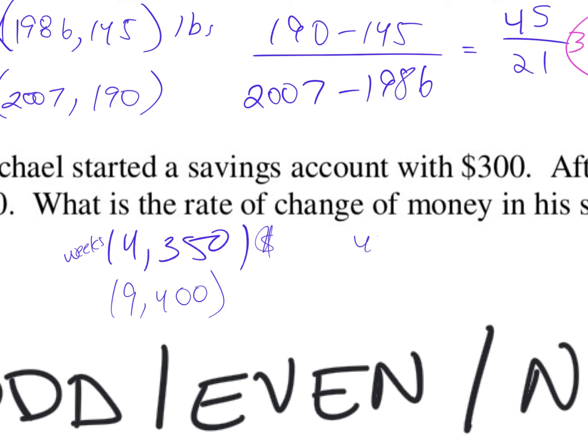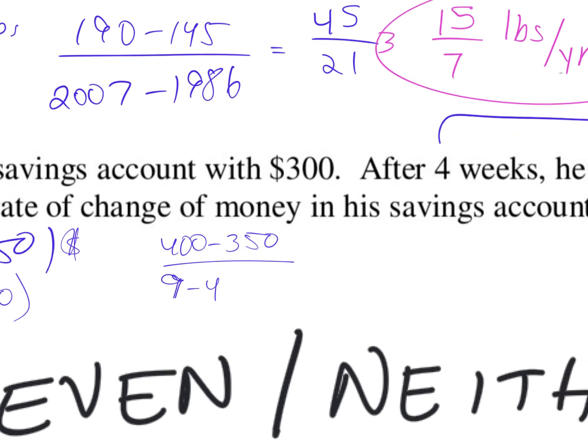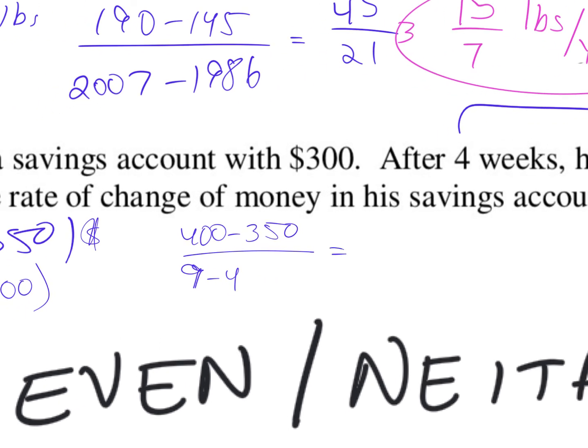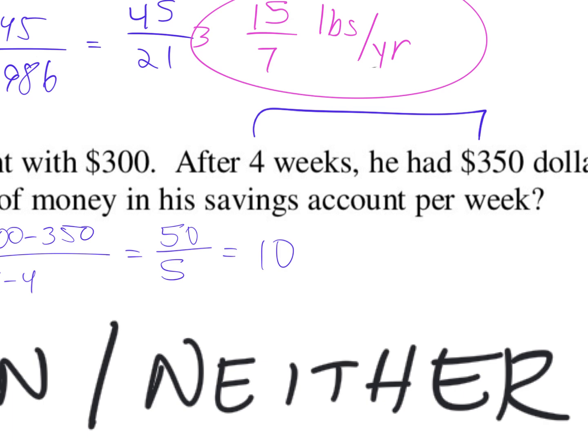So 400 minus 350 over 9 minus 4. What's 400 minus 350? 50 over 5 gives me what? $10 per week. Actually, you can write it like this. I like where you saw 50, though. That was good.